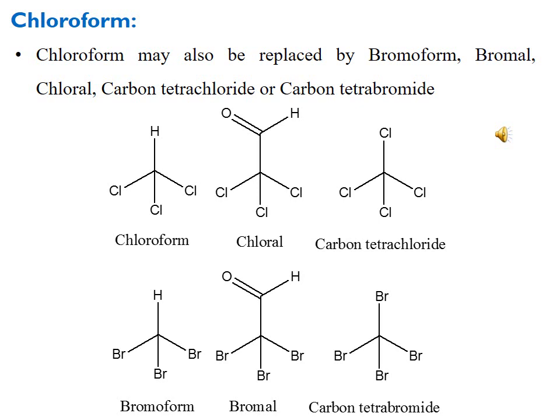But later on there were many changes in the reagents used. In addition to chloroform, bromoform, bromal, chloral, carbon tetrachloride, and carbon tetrabromide have also been used for the progress of this reaction. And you can see the structure of these compounds: chloroform, chloral, carbon tetrachloride, then bromoform, bromal, and then carbon tetrabromide.